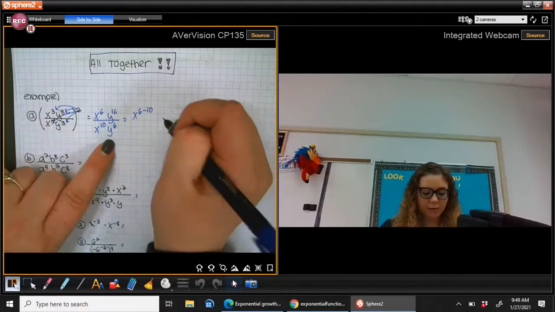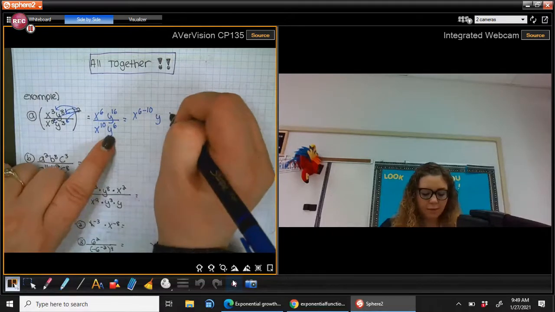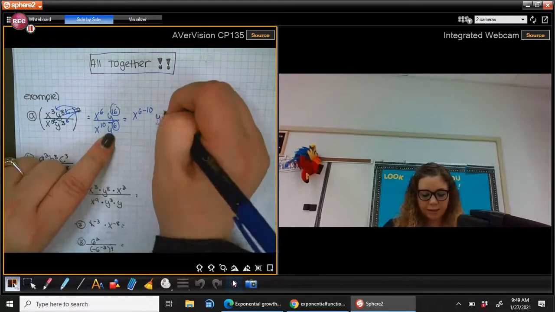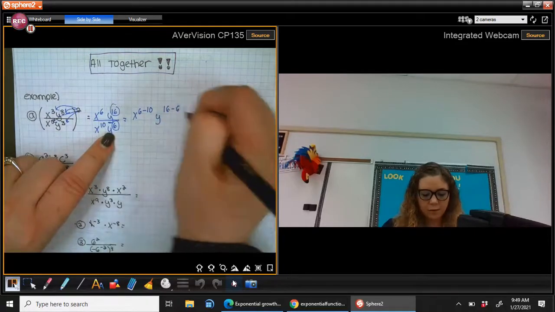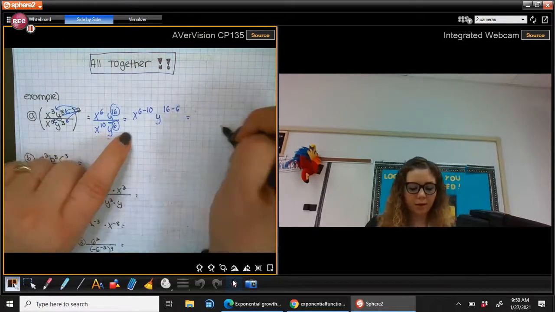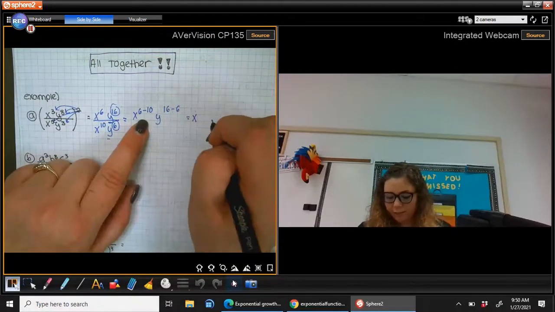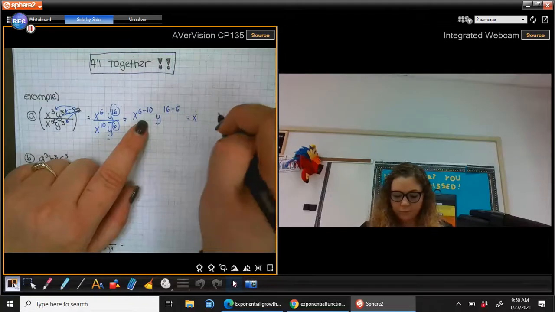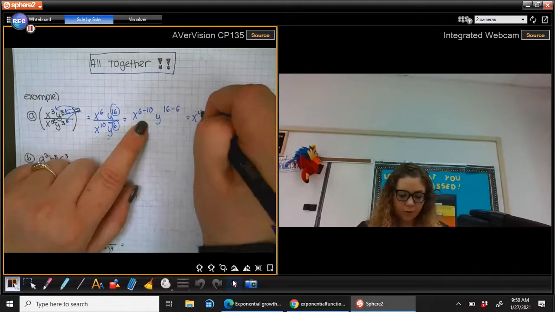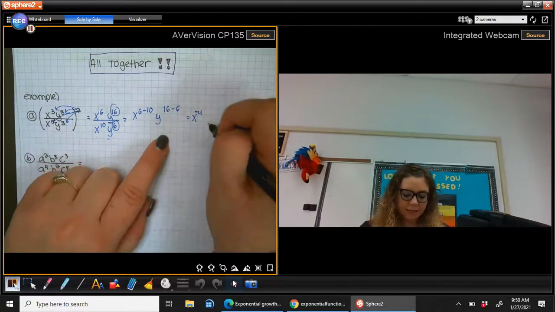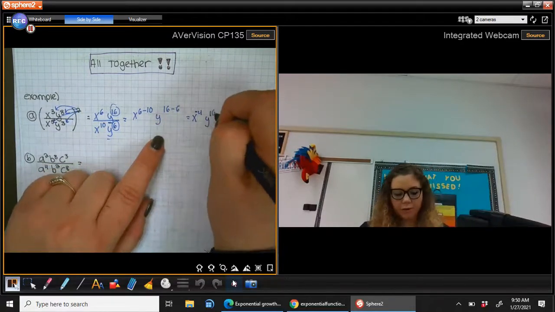Then looking at my y's, same base, so I'm going to subtract my exponents, 16 minus 6. Then I'm going to do the math. 6 minus 10 is going to give me negative 4. The 16 minus 6 is going to give me y to the 10th.